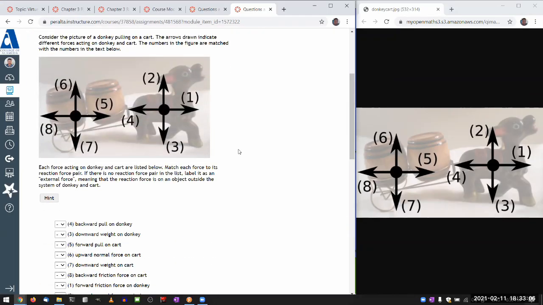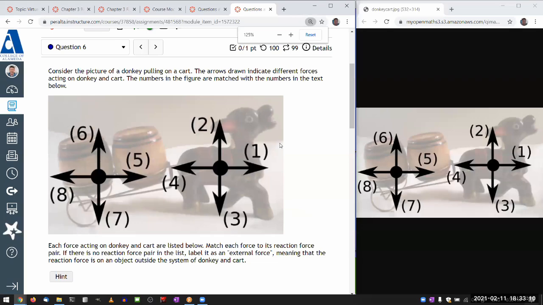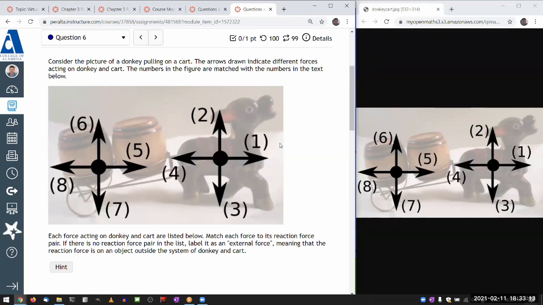I don't think I've ever done this question before in a recorded session. So this is the question. It says, consider the picture of a donkey pulling on a cart. So donkey, cart, the arrows drawn indicate different forces acting on the donkey and the cart. And the numbers in the figure are matched up with the numbers in the text below.